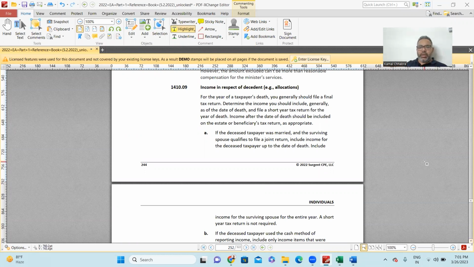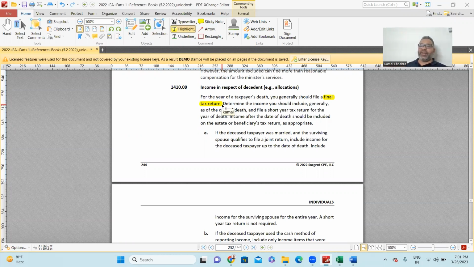For the year of taxpayer death, you generally should file the final tax return. What is called the final tax return? Why is it called the final tax return? Because after this, there is no need to file a return. The person is not there, so who will file the return, right?